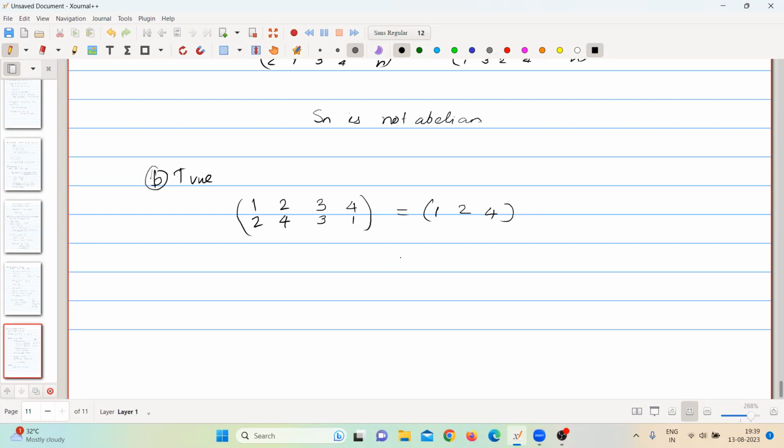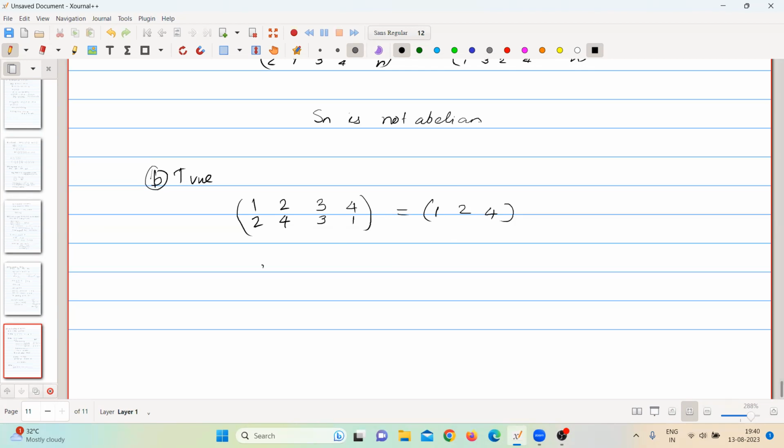If I apply it once, 1 will go to 2. The second time, 1 will go to 4. Again applying, 1 will go to 1. So it is a 3-cycle, meaning the position shifts 3 times. After 3 times, 1 goes to 1, 2 goes to 2, 4 goes to 4. And every time 3 is fixed, so 3 always goes to 3.